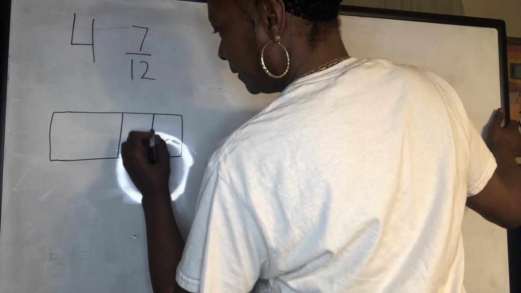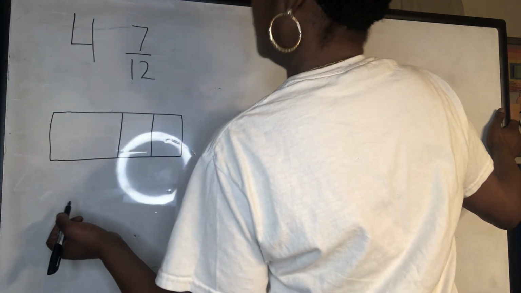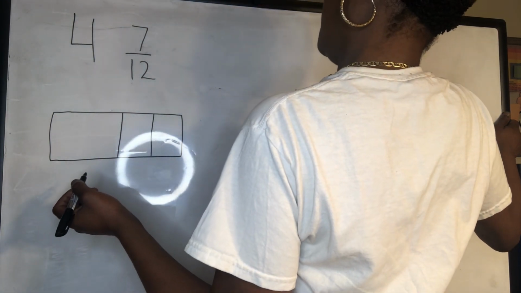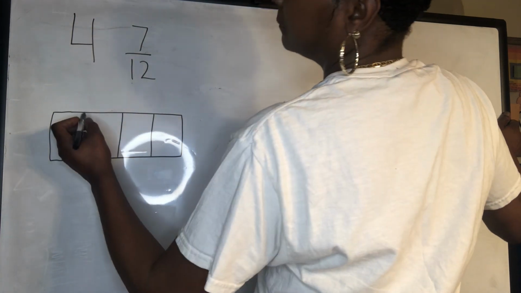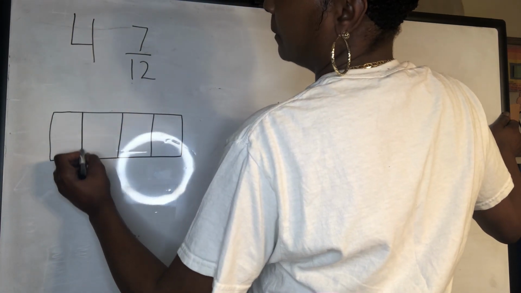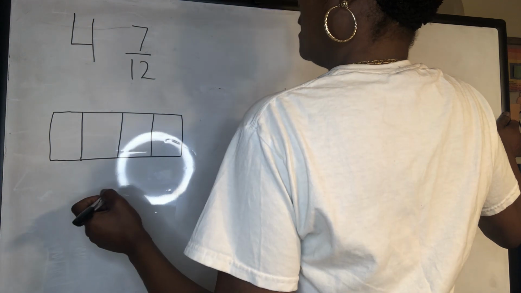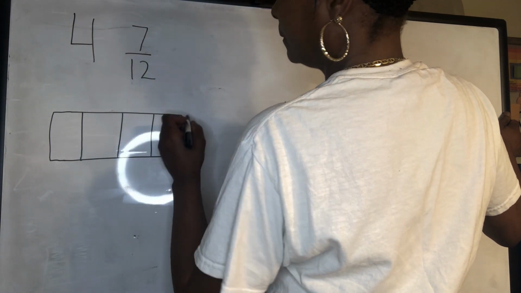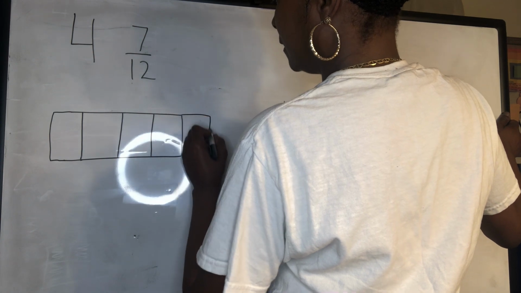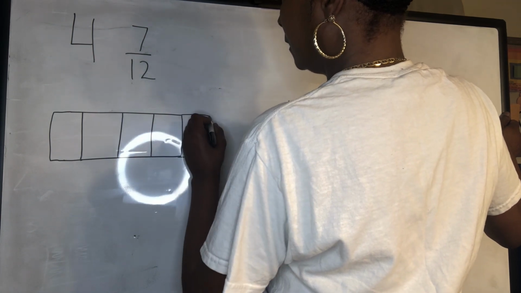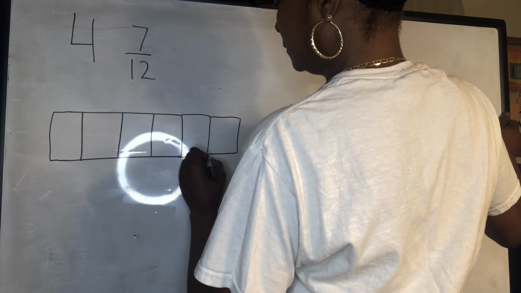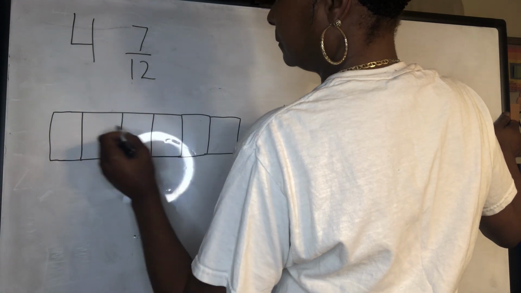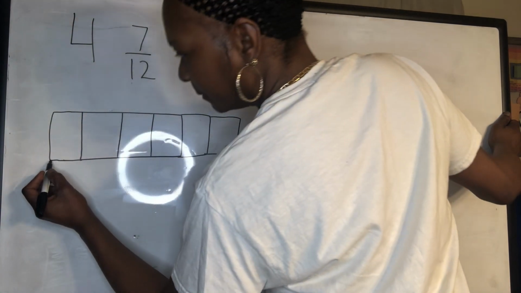And then I need 1, and then another 1. And then I need 2 more, y'all. So we're going to extend this out for this one, and then this one. Now we need that doubled.